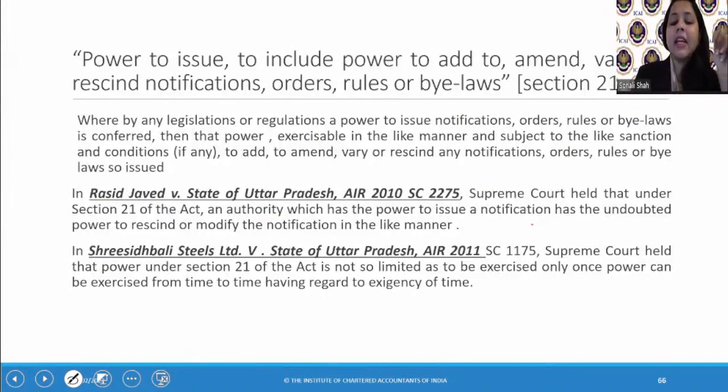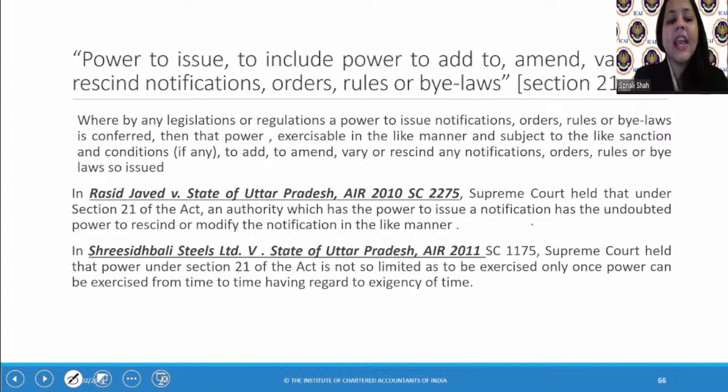Next is section 21, which talks about power to issue to include power to add, to amend, vary, or rescind notification. So let's say if the MCA has been given the power to issue an order or notification, it is deemed that it also has the power to amend or issue order, rules, or bylaws as well.